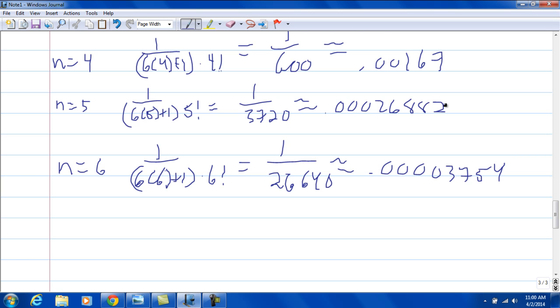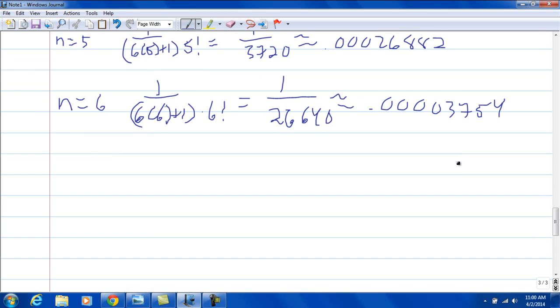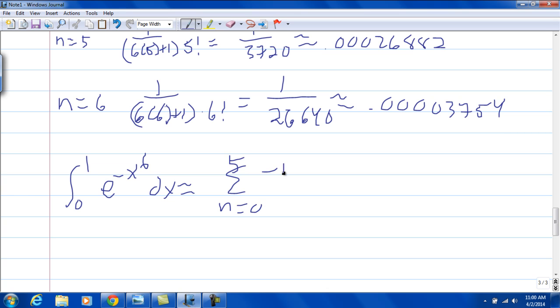So we could then say that the integral from 0 to 1 of e to the negative x to the 6th dx is approximated by the sum n equals 0 to 5 of negative 1 to the n over 6n plus 1 times n factorial.